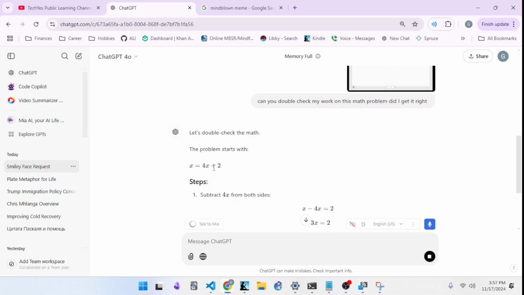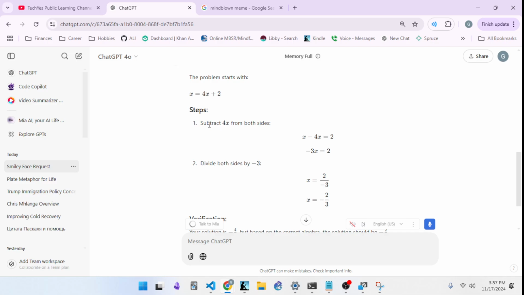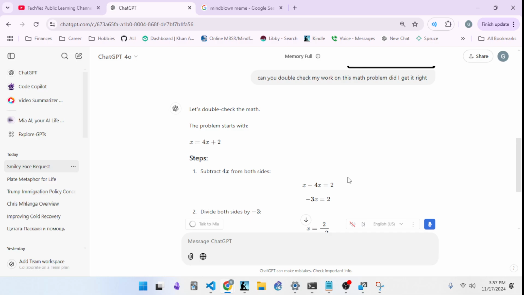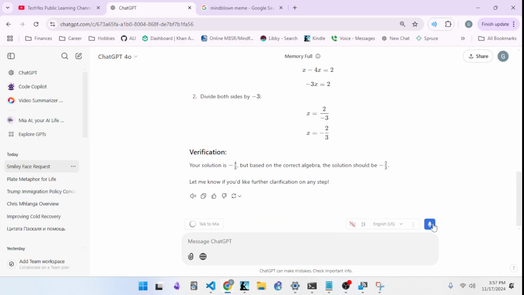So let's double check the math. So I subtract 4x. So yeah, so I got it wrong. So right there, you can go back and look through it yourself. But do you have any idea of where I went wrong? I thought I was doing it right.